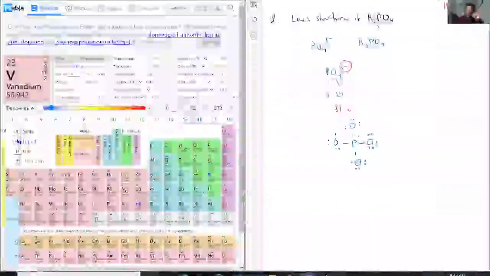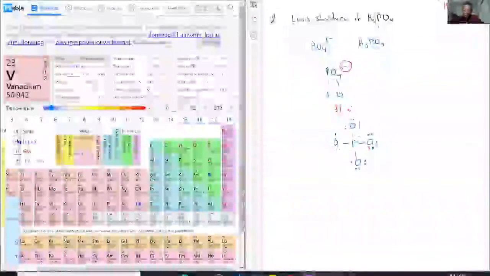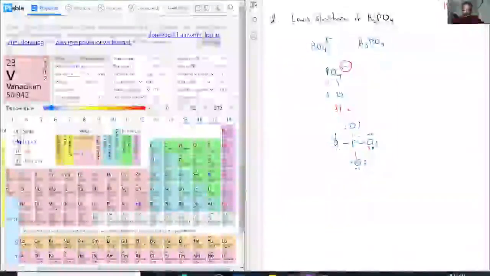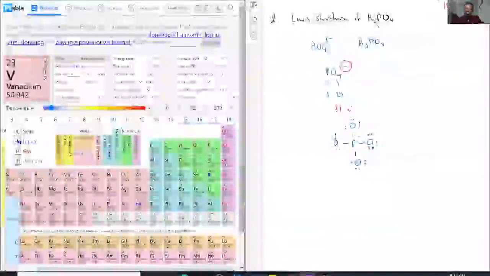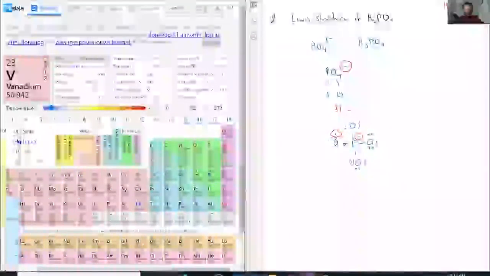So, we're going to do here to be able to get the PO4 2 minus. Right now we're going to count how many unpaired electrons we have. We have 1, 2, 3.